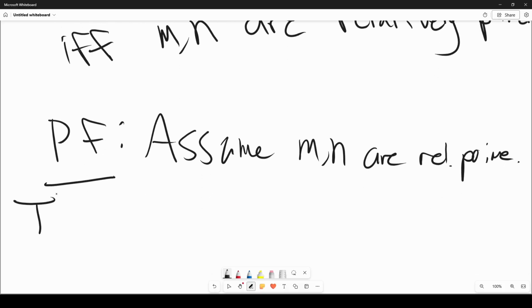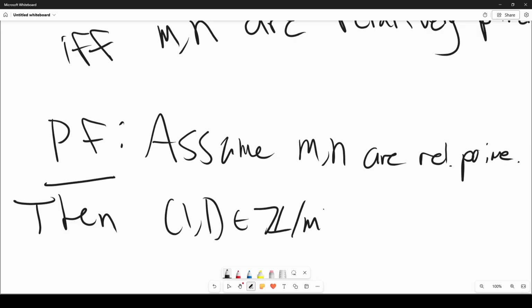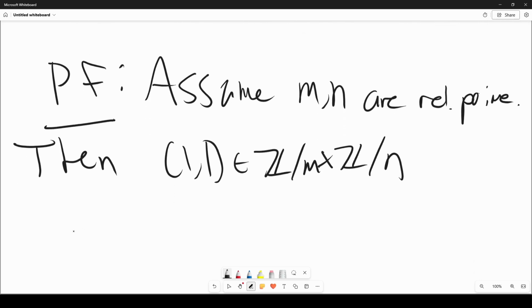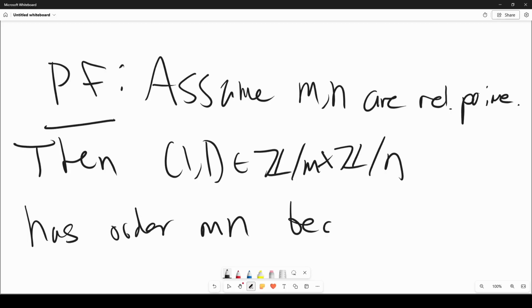Then we find that the element (1, 1) in Z mod M cross Z mod N is going to have order M times N, because the LCM of M and N has to equal MN. This is because that's just the definition of the LCM when M and N are relatively prime.